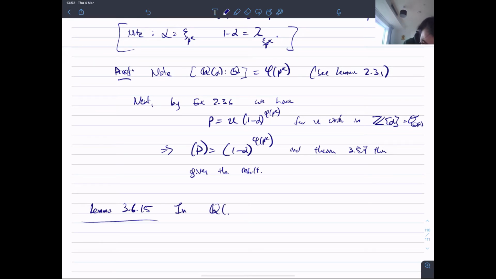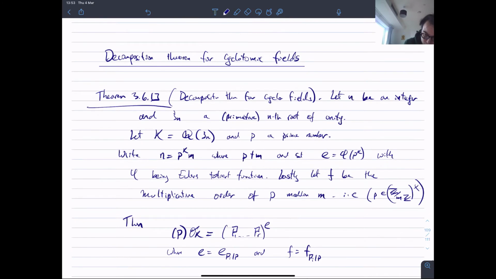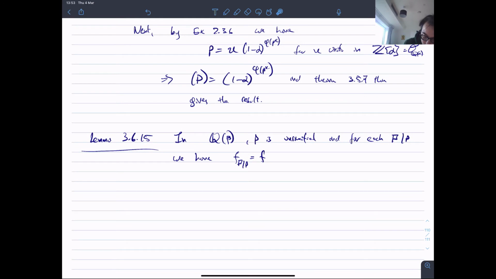It says in Q(beta), p is unramified, and for each prime ideal P dividing p, we have this residue degree equals f, which was the number in my statement of my theorem, the multiplicative order of p mod, I should say here, the prime ideal. Okay, so this one's a little bit harder to prove, so proof.